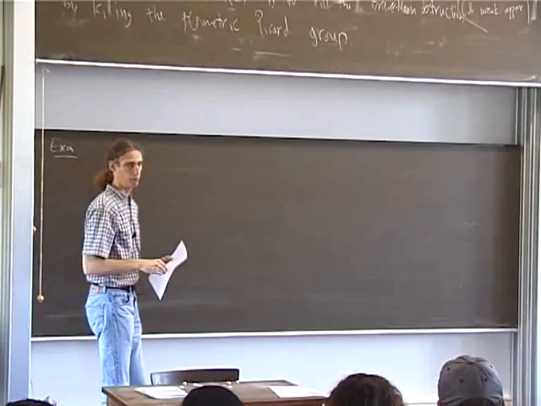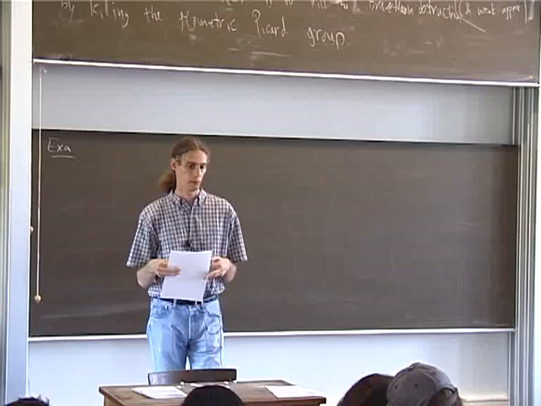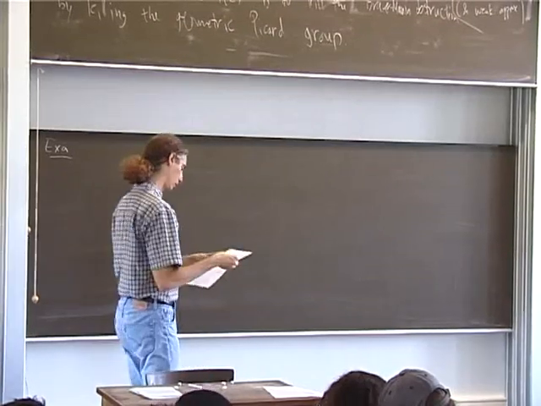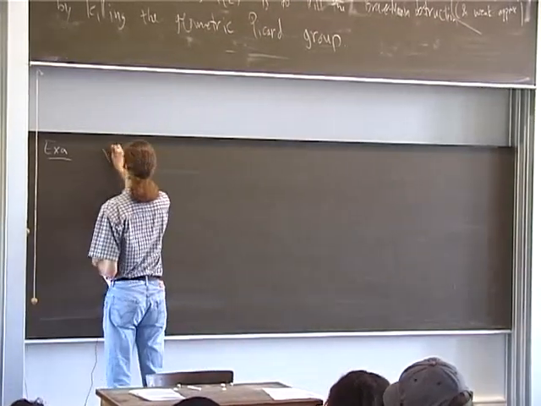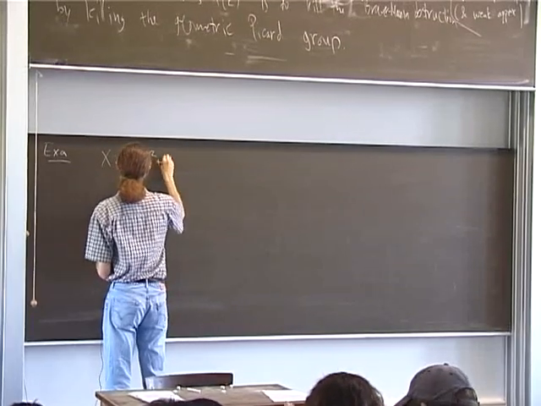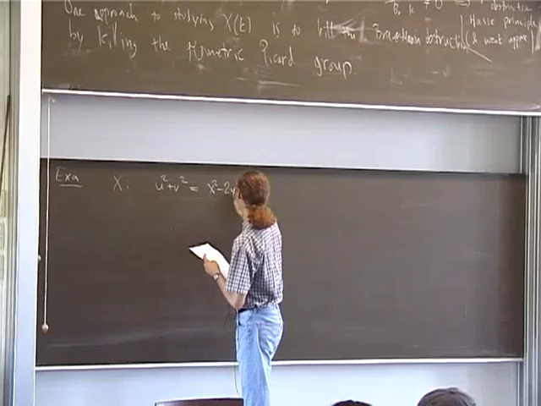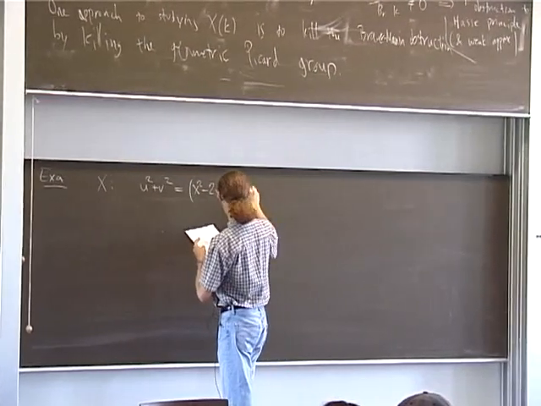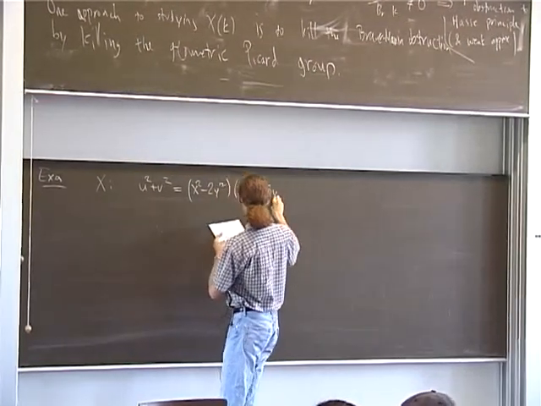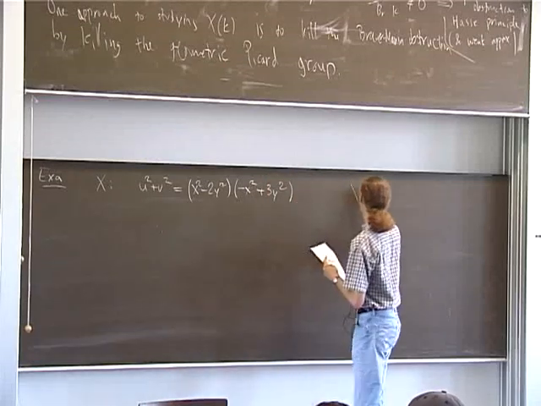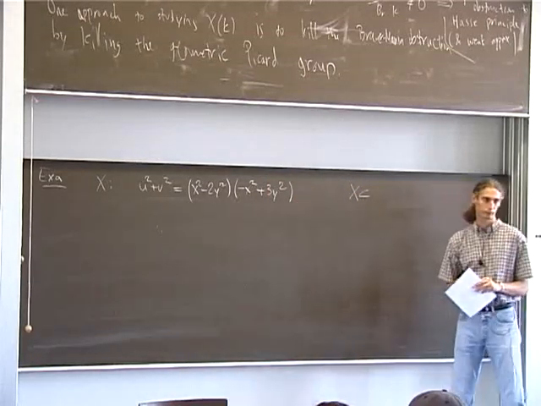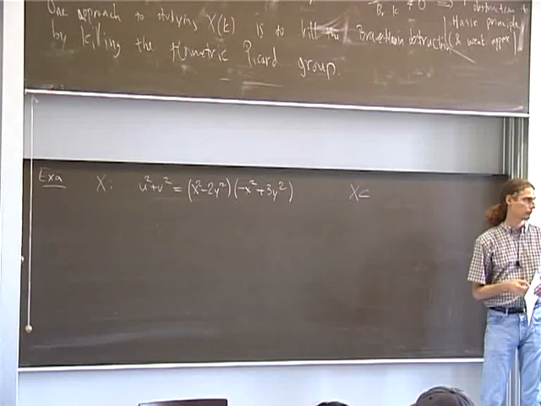let's work out an example. And let's do the example from 2 days ago. I had written down an equation. So I hope at the time I didn't say the wrong thing.